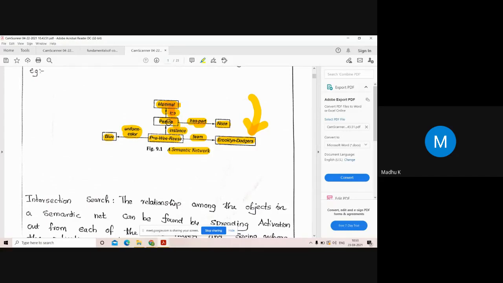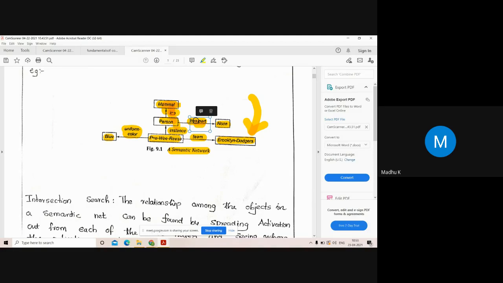Person is not a single person, a lot of persons will be there. So the person class is related to the mammal class using the is-a relation, and we can attach different types of general relationships: uniform, color, team, has-part also.